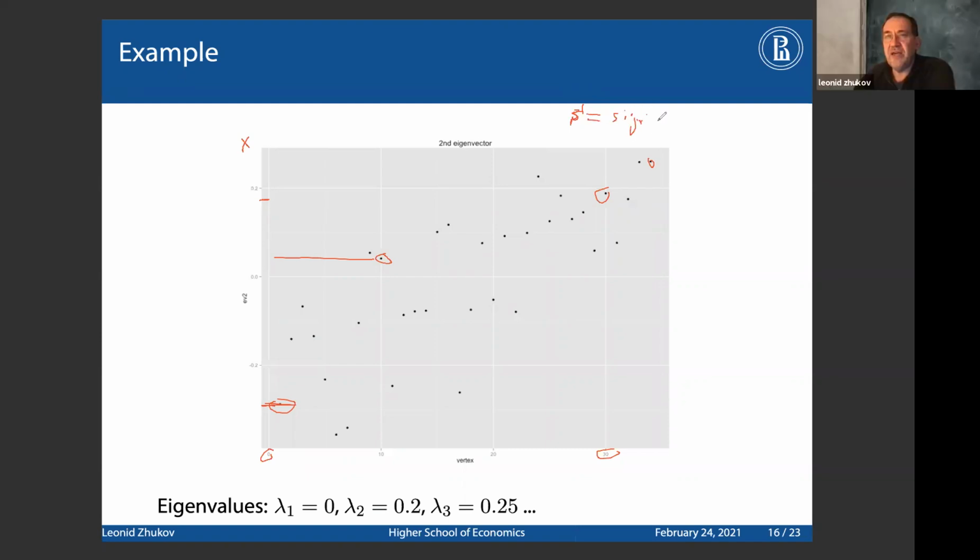Exactly. It's just the sign of x. So we should say, okay, every node that has a value above the 0 line, the positive ones, will belong to partition plus, and the rest belong to partition minus.